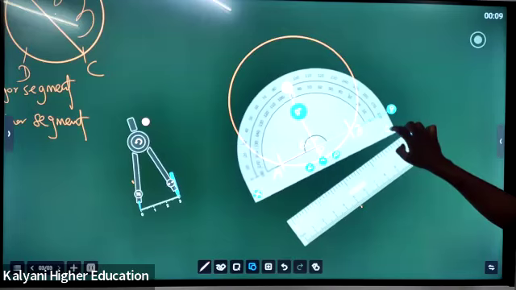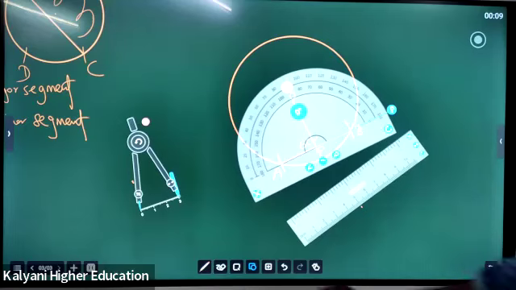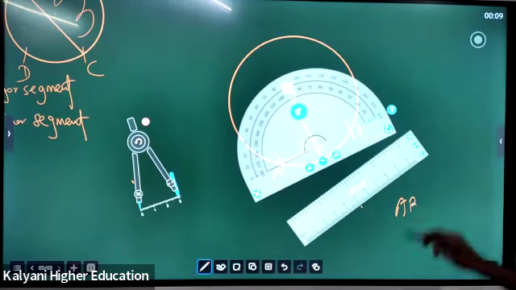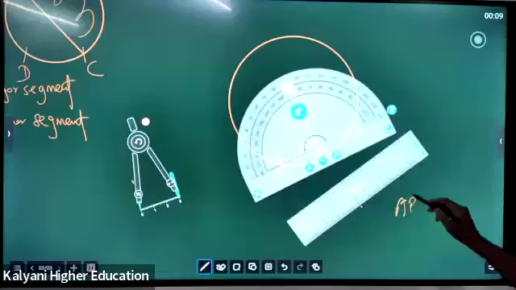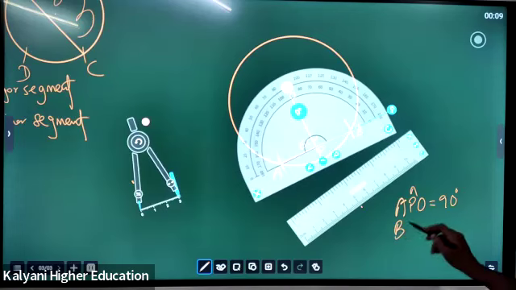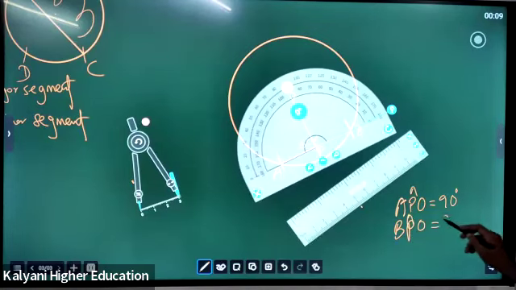If you do it properly, it definitely comes 90 degrees. So I can write down APO is 90 degrees. And BPO is 90 degrees.